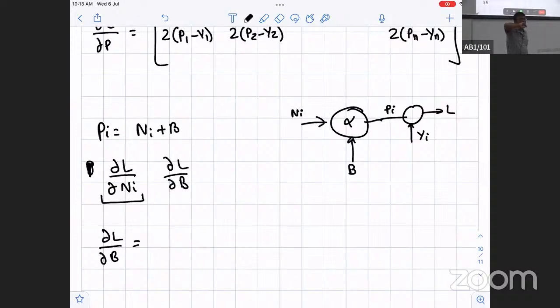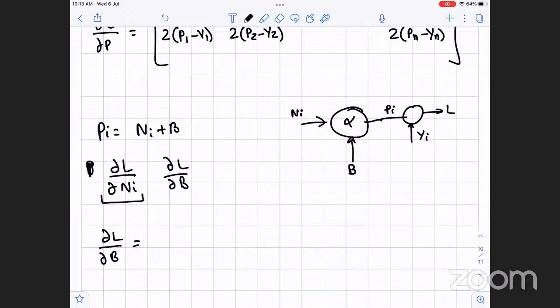The output of alpha is ni plus b. It's a vector: n1 plus b, n2 plus b, all the way till nn plus b. Each ni plus b is pi. So my question is, if I change b, which of the p's will change? All of them. And if p changes, does the loss change or not?